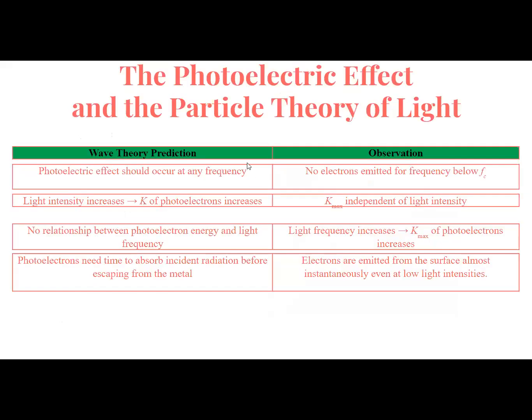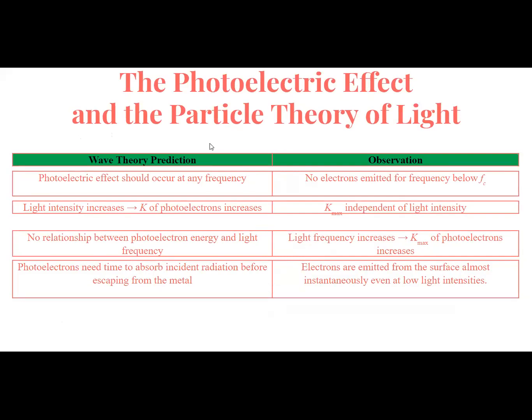Right, so here I'm just summarizing what the classical physicists expected to see during their photoelectric lab. Basically, they thought that light being a wave, its energy depended on its intensity, not its frequency.